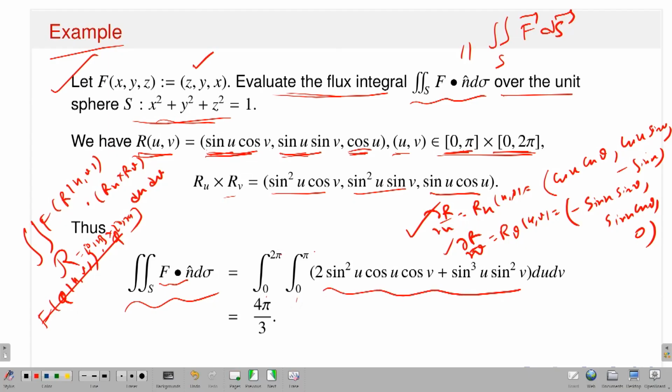This is the corresponding integrand, the object. If you calculate it, you perform that integral over du dv.